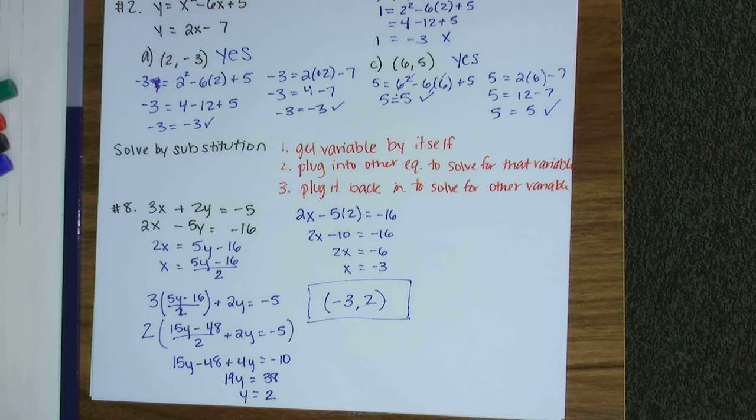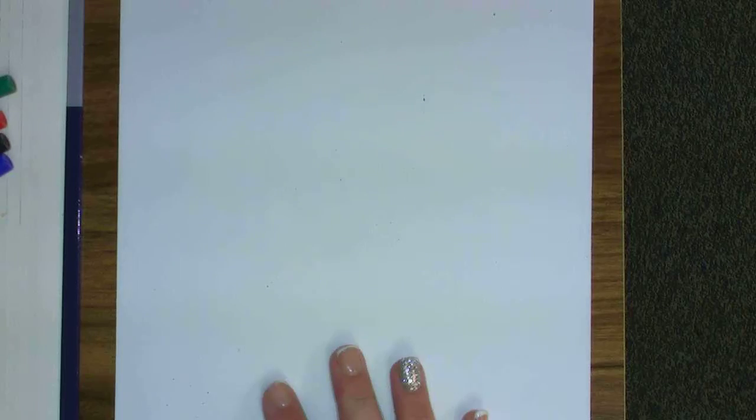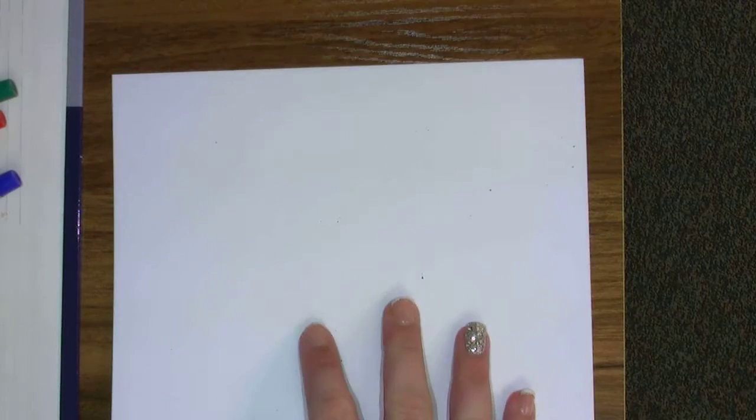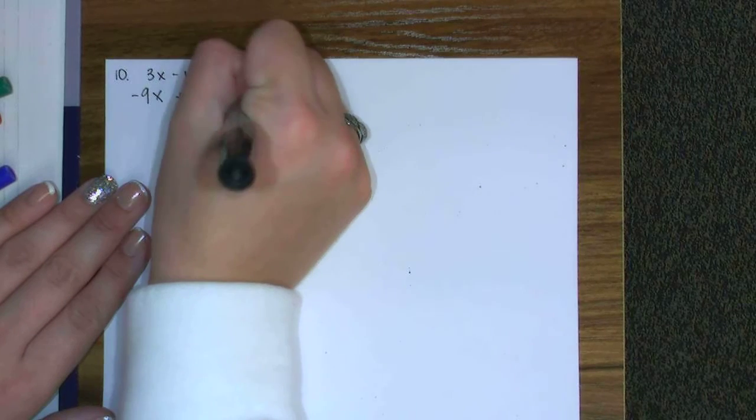Alright, let's do number 10 and then we'll move on to the next type, just so you can see two of them. Number 10 is 3x minus y is equal to negative 2, and negative 9x plus 3y is equal to 6.